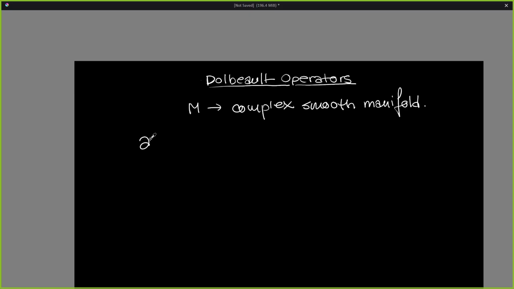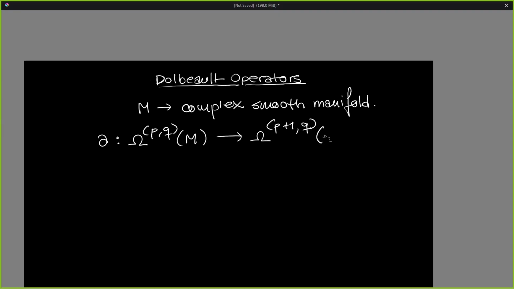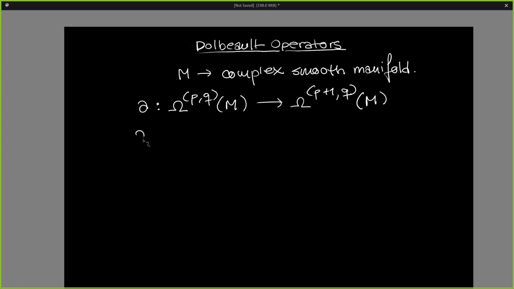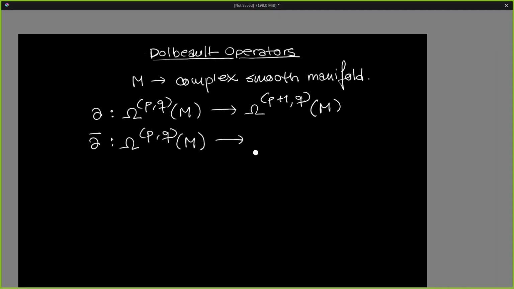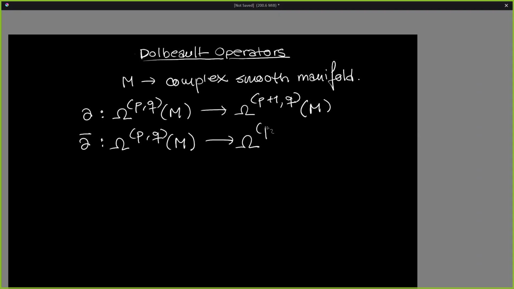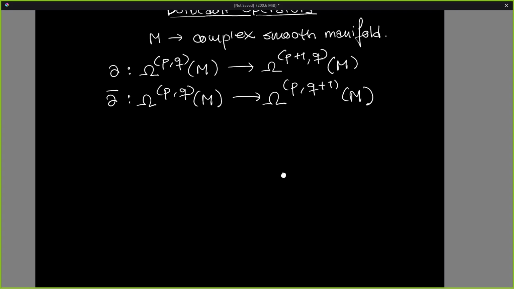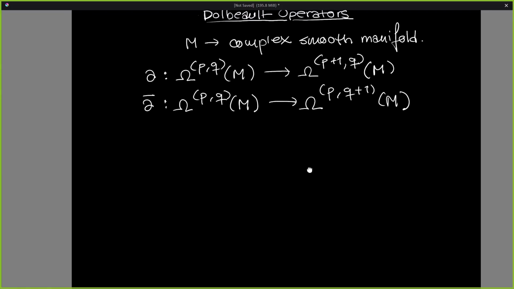Then you can define two operators, partial, which goes from omega pq M to omega p plus 1 q M, and partial bar, which goes from omega pq M to omega p q plus 1 M. So these are our two operators. These are the Dolbeault operators.